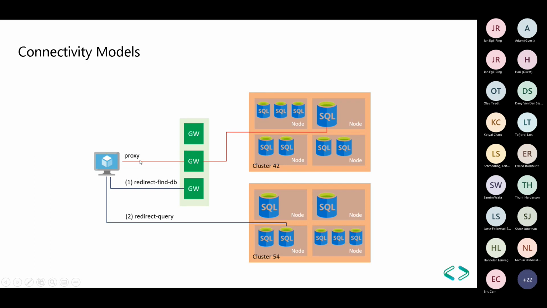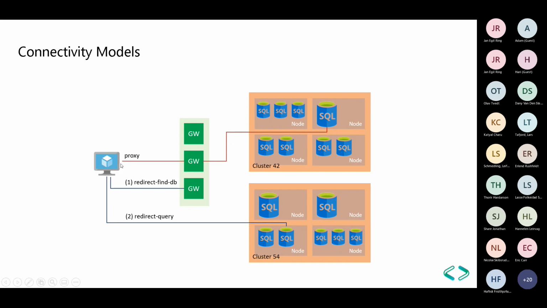When the proxy model is used, what happens? A connection goes to the gateway, and the gateway becomes a middleman for this connection. The client machine, the client application, never has a direct contact to the server itself, which hosts the Azure SQL. So the gateway is always the middleman for this connection.